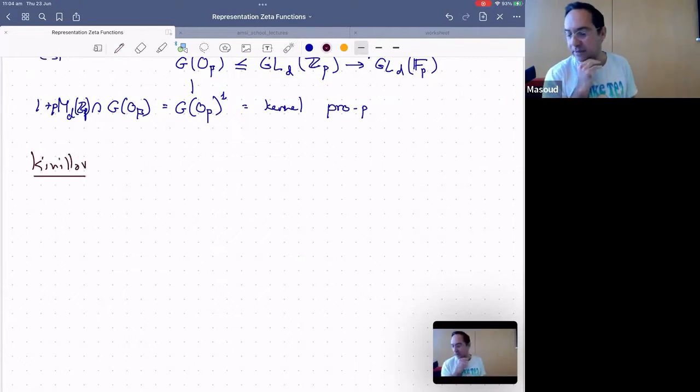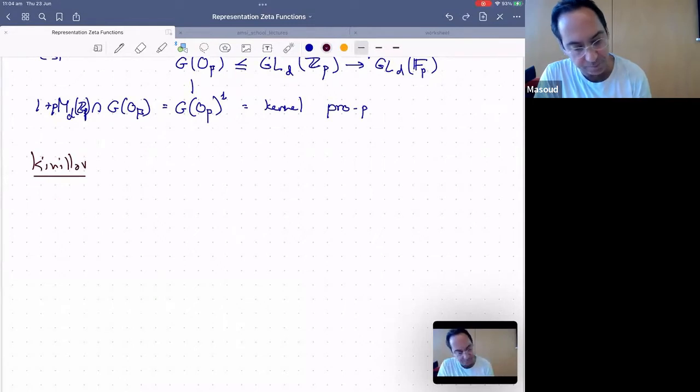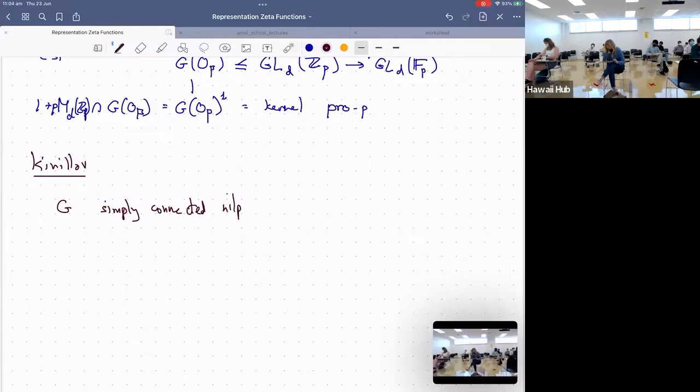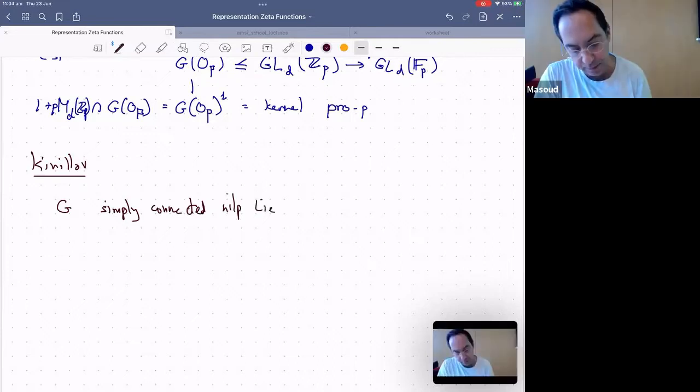So Kirillov in the 1950s constructed a method to find the irreducible representations of nilpotent, so simply connected nilpotent Lie groups.